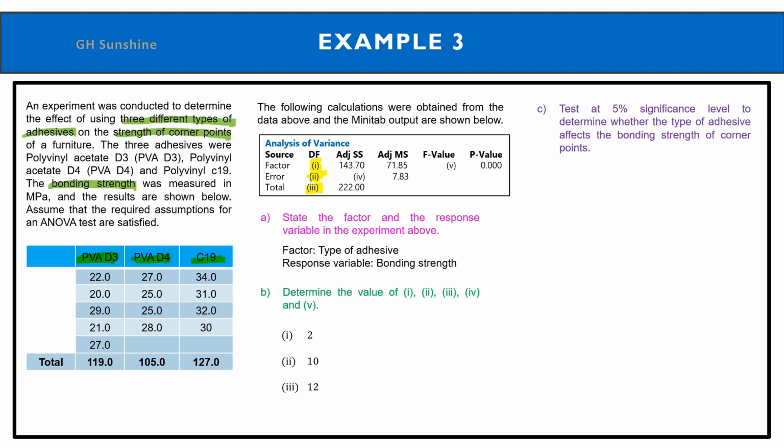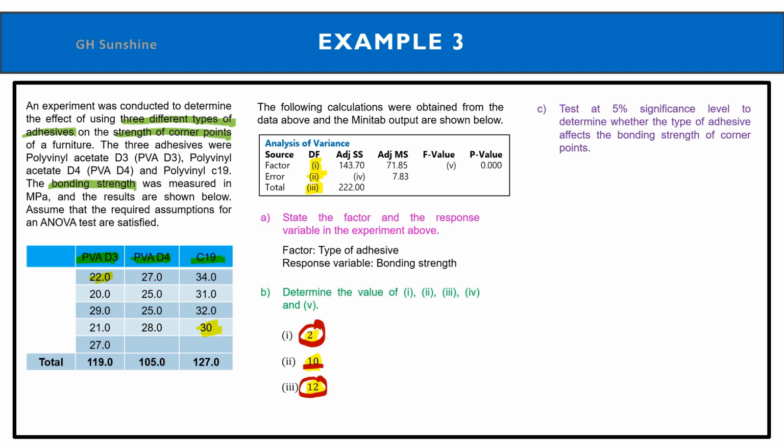Error and then total of degree of freedom. So this one is factor level minus 1. And then this one, number of data. How many data? From here till last data, 13. Therefore, number 3, degree of freedom, 13 minus 1 equal to 12. And last one here, 12 minus 2 equal to 10.